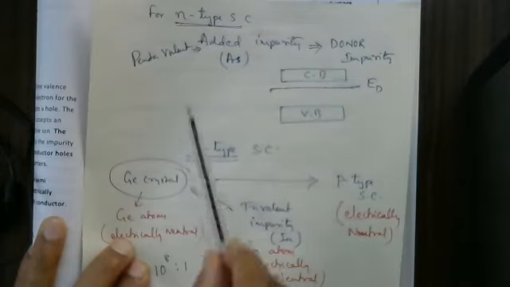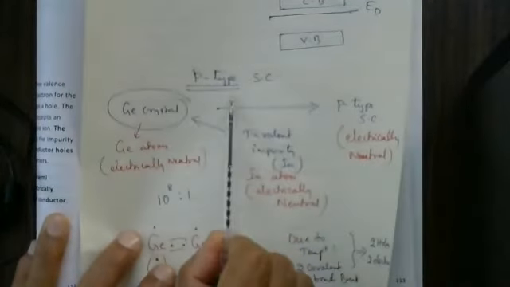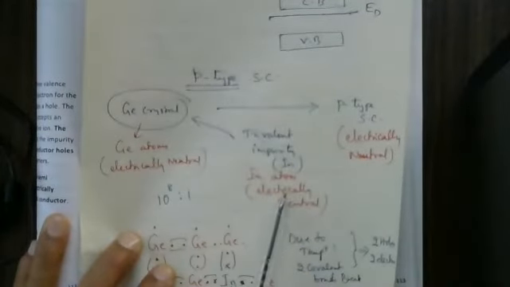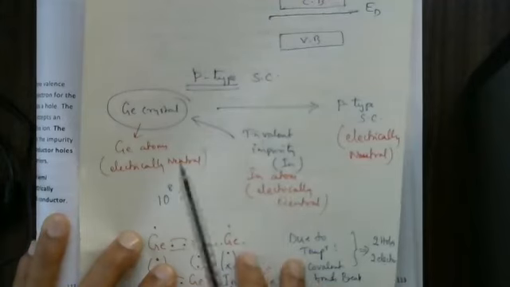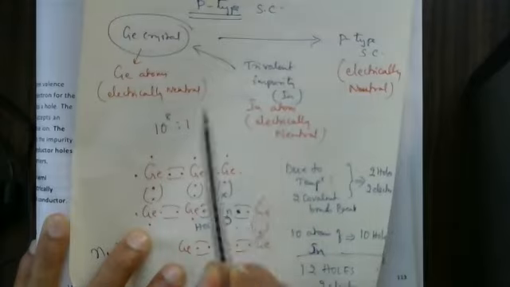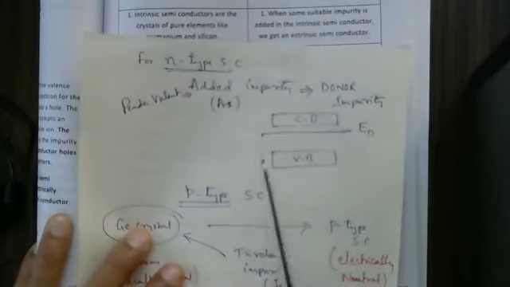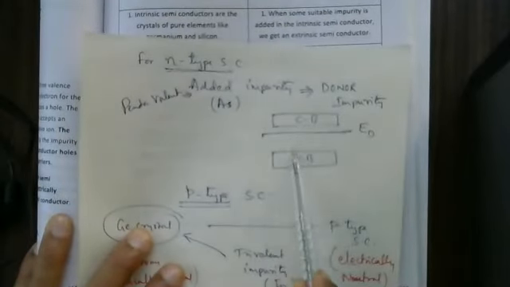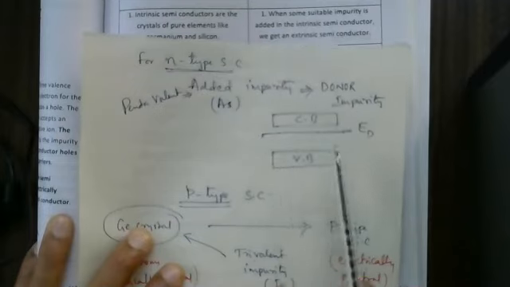In p-type, the impurity is called acceptor impurity because it is accepting the electrons. Here the energy level of indium lies very close to the valence band. This is the acceptor.